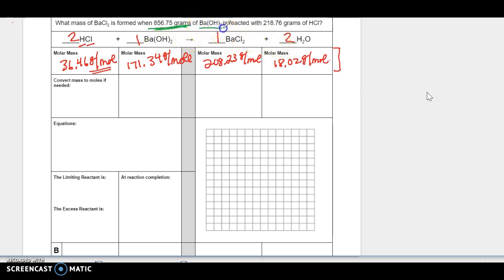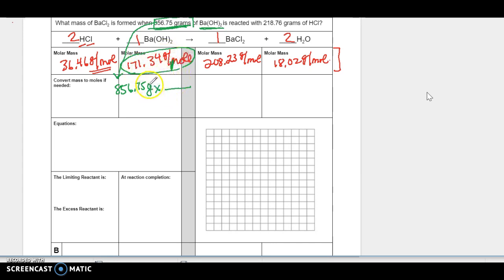So if I have barium hydroxide here, and I have 856.75 grams, this is the starting amount, so I always start with that. The given thing always goes first. Then I'm always going to multiply by the molar mass when I'm changing from grams to moles. So you need to know that this is 171.34 grams in 1 mole.